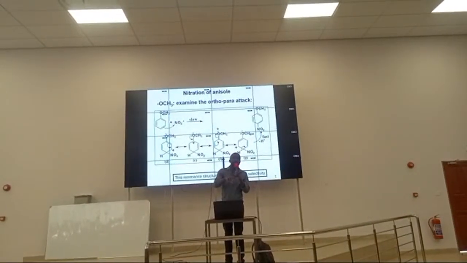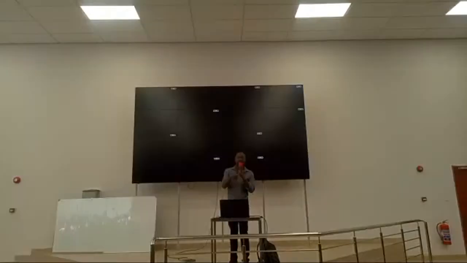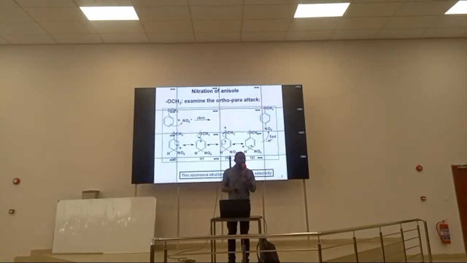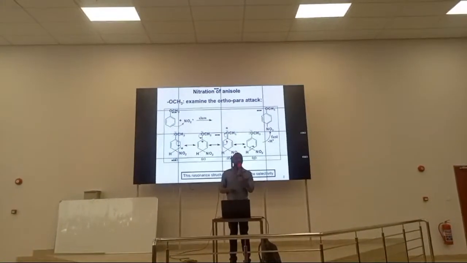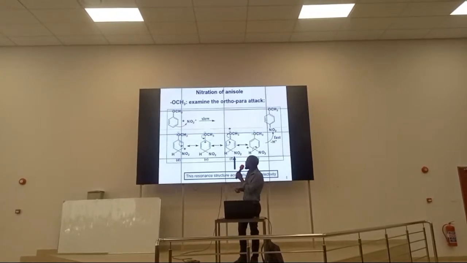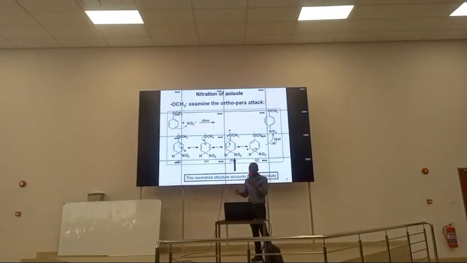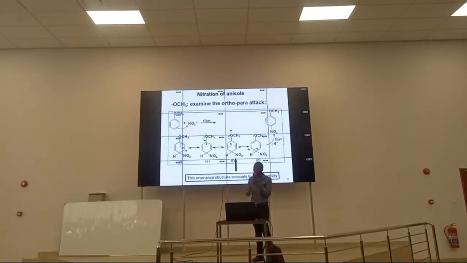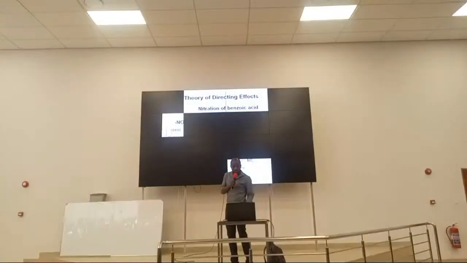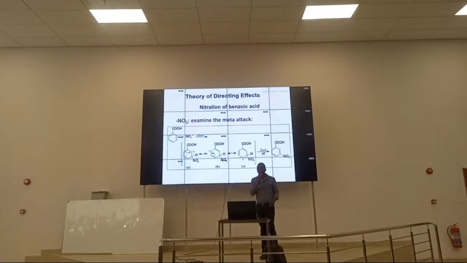Now, the resonance effect outweighs the inductive effect. It introduces much more stabilization than the destabilization introduced by inductive effect. So the overall effect is that the oxygen will stabilize the carbocation instead of destabilizing it. That is very important, and it's going to be crucial in understanding why the carboxyl is a meta-director.